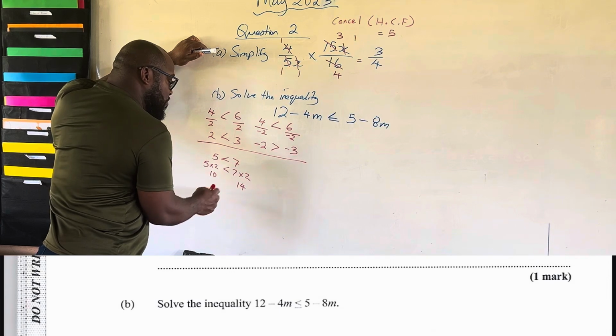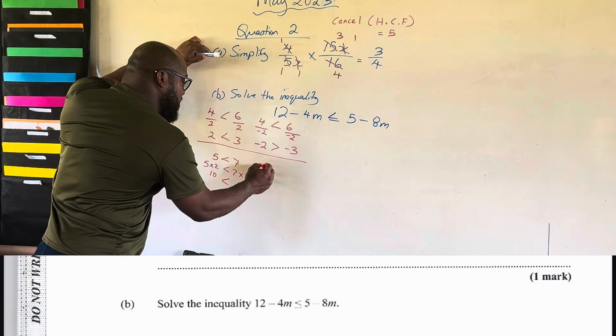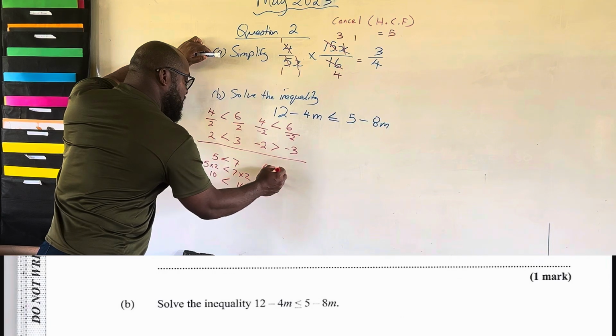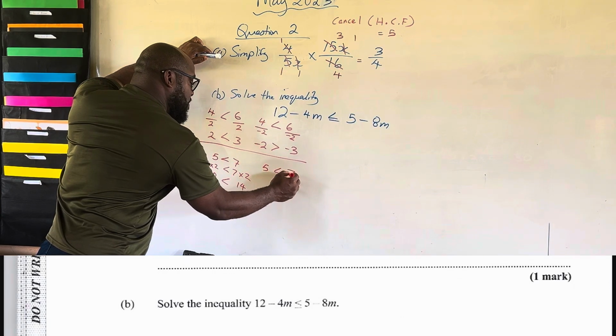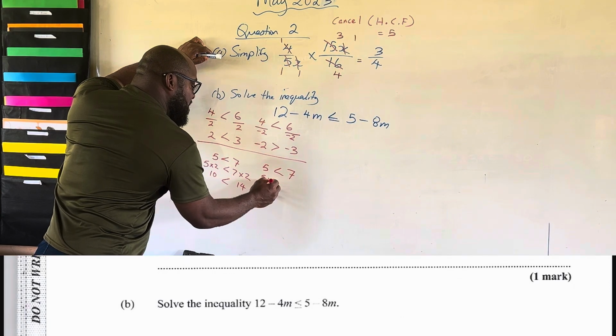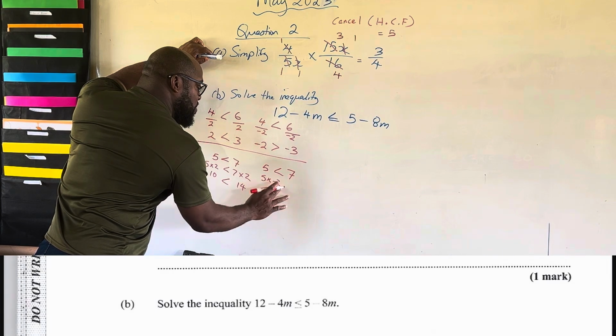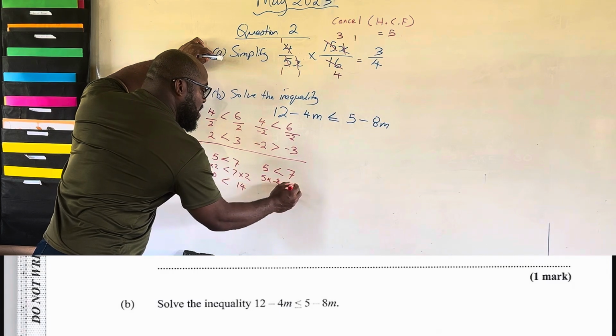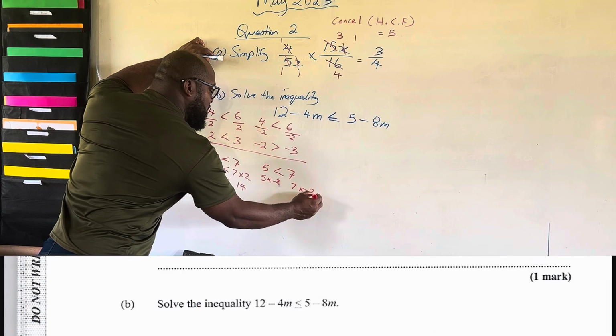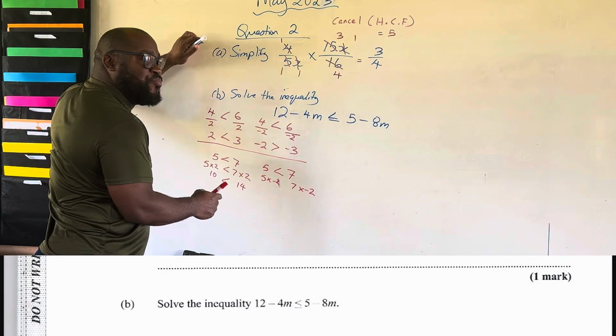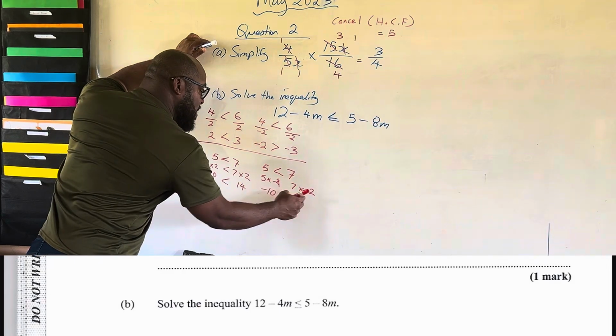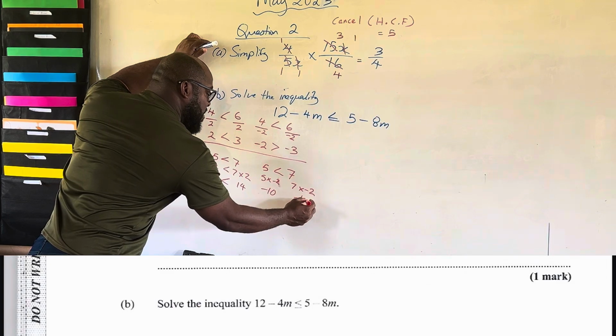Which is bigger? Good. But look at this now. 5 is less than 7, but 5 times negative 2 and 7 times negative 2. 5 times negative 2 is what? Which is bigger?